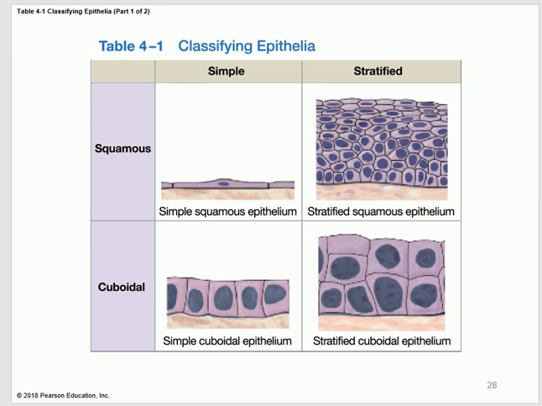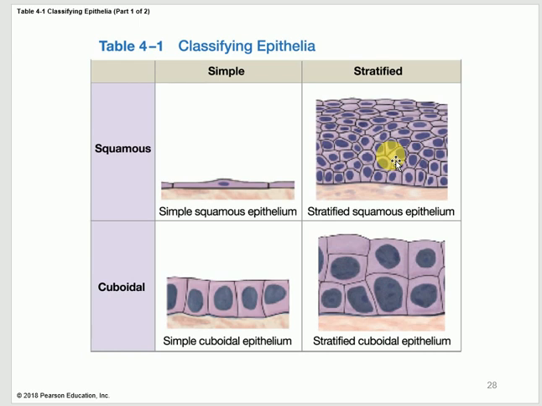How about this? Is it simple or stratified? Stratified, multiple layers, right? What type of cells? Look at this. If you look at the bottom, you will see cuboidal cells. If you look at the top, it is squamous cells. So now you're confusing us, squamous at the top and cuboidal at the bottom.